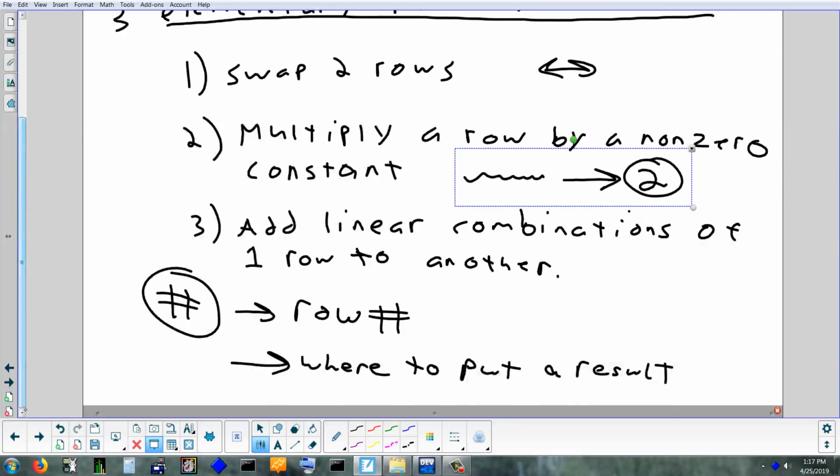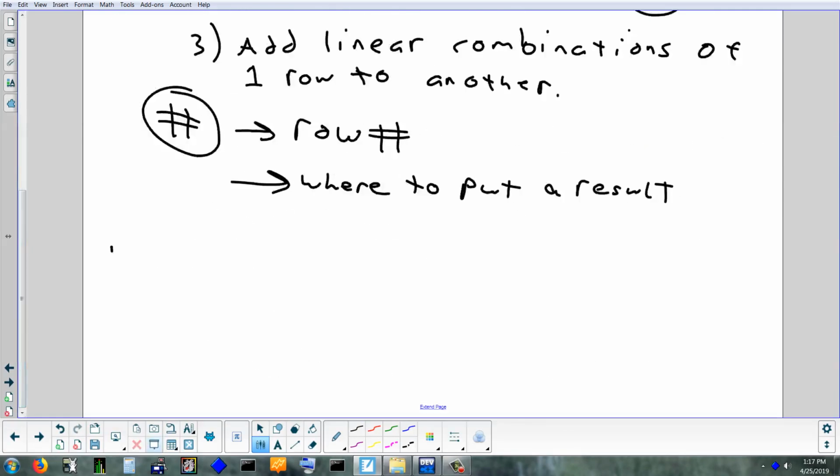Okay. So, you're going to see this direction on the test, so I'm just going to write it so you know what it means now.